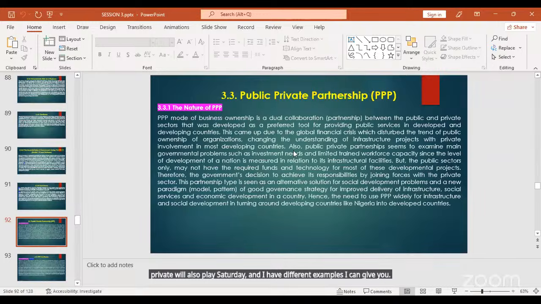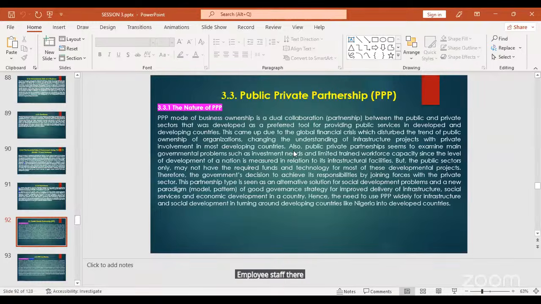For instance, in Lagos State, the waste disposal system is under public-private partnership. And I will explain to you. Government discovered that it doesn't find it easy to employ staff and create a ministry, employ staff there.